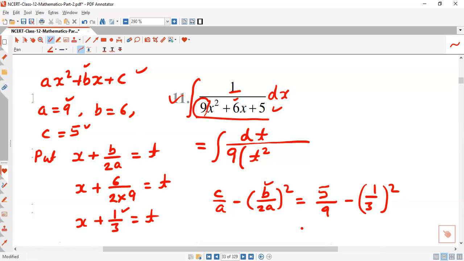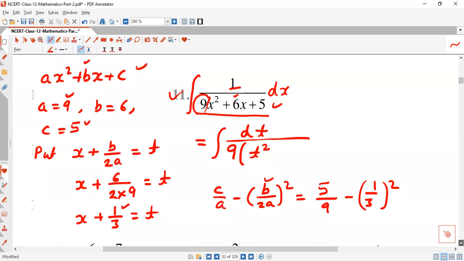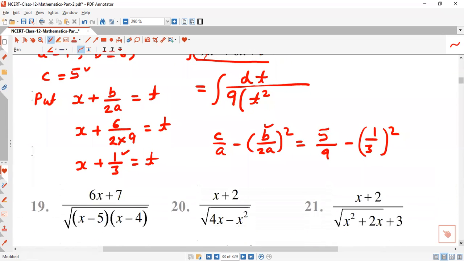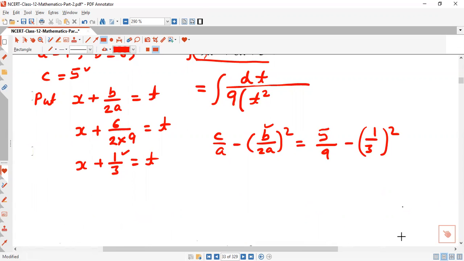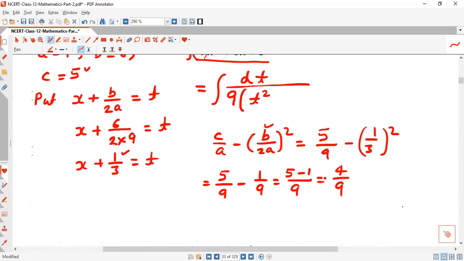So if you simplify this part, this becomes 5 by 9 minus 1 by 9. Taking 9 as LCM, you have 5 minus 1, 4 by 9. So we are getting 4 by 9.